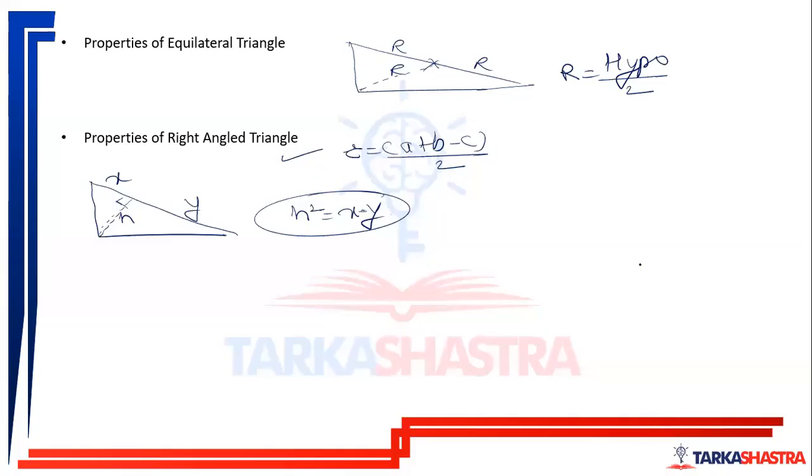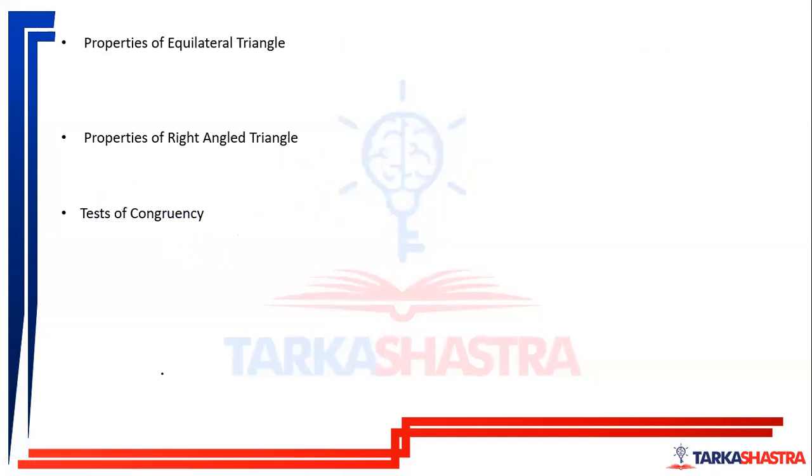Okay, now moving forward to some last basic sessions of the triangles, basic properties of a triangle जो आपको पता होना जरूरी है before you attend a classroom or online session. So test of congruency.